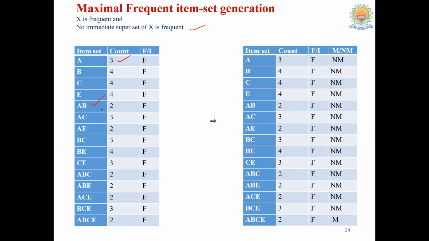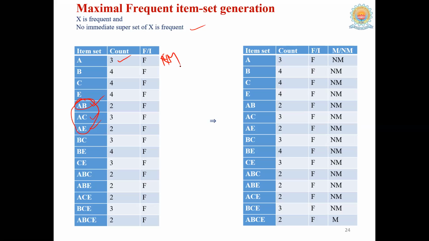AB is an immediate superset, AC is an immediate superset, AE is an immediate superset. The condition is that no immediate superset is frequent. But we know that all these are frequent, because our list consists of only frequent item sets. So the immediate supersets are frequent, and we can conclude that this is not maximal.